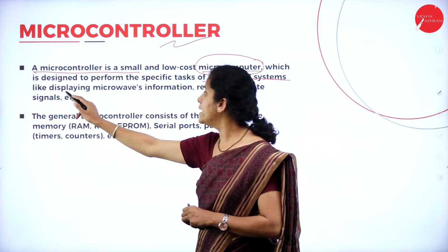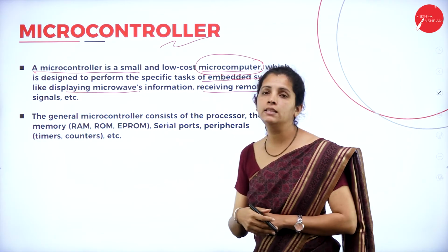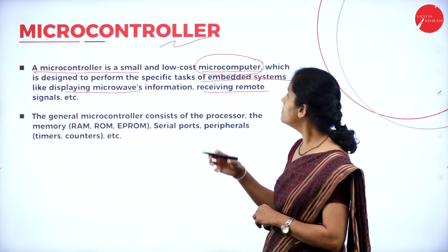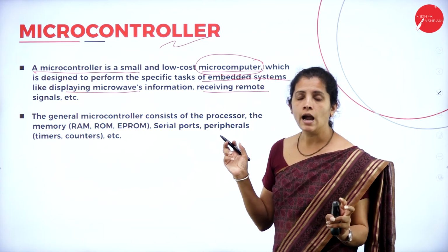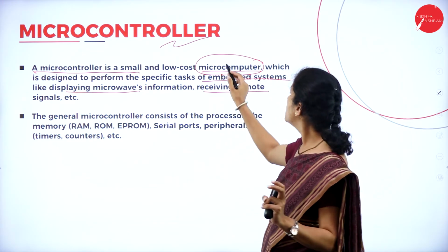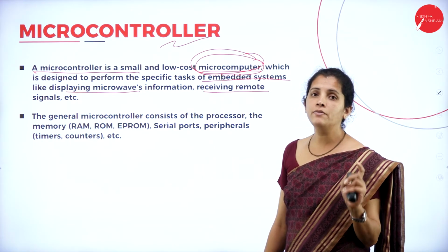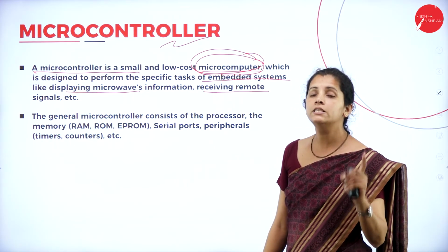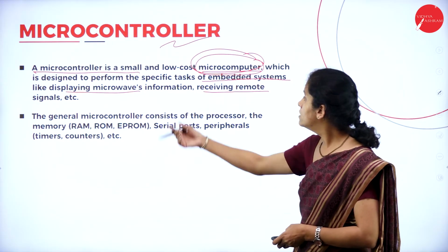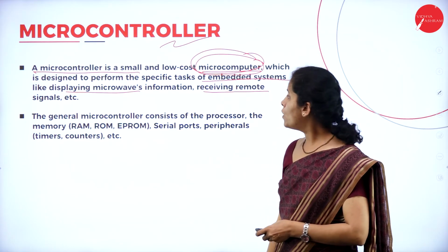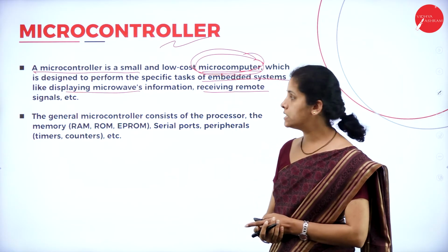For example, displaying microwave information, receiving remote signals, etc. So the microcontroller is also the smallest unit and it is embedded with the microcomputer, and it is responsible for performing specific tasks like displaying microwave information or receiving remote signals, etc.